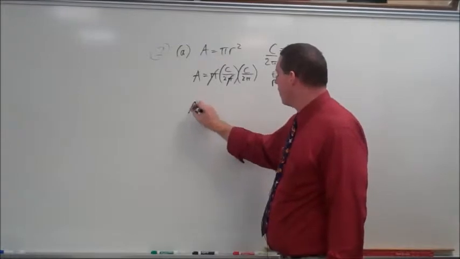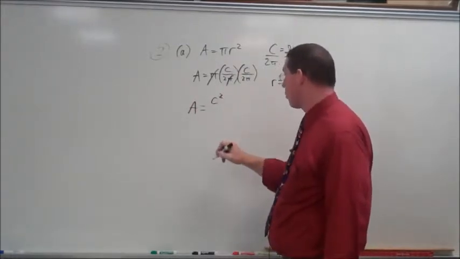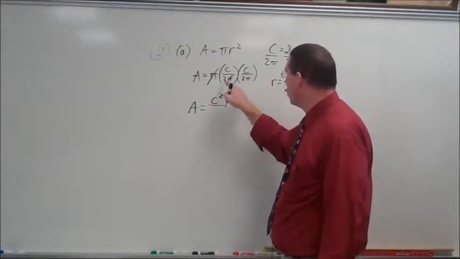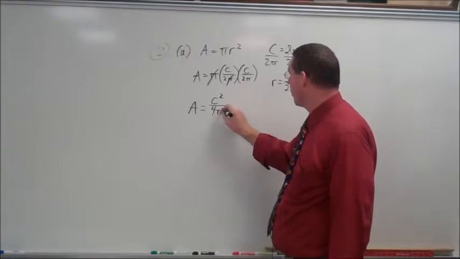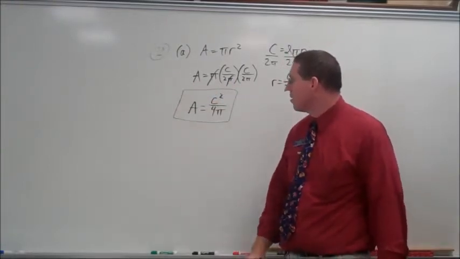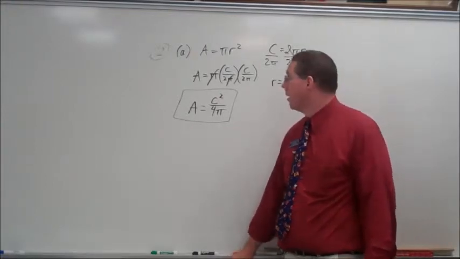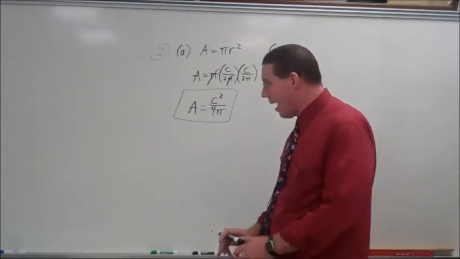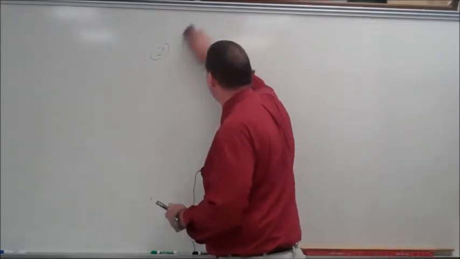And all I have left now is C times C, which is circumference squared, over 2 times 2, which is 4, and there's still a pi left over. There we go. So area as a function of circumference is circumference squared over 4 pi. That's part A. And now, with that, let's look at part B.